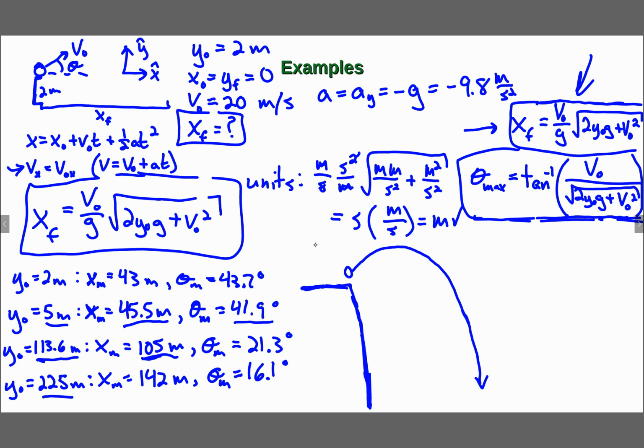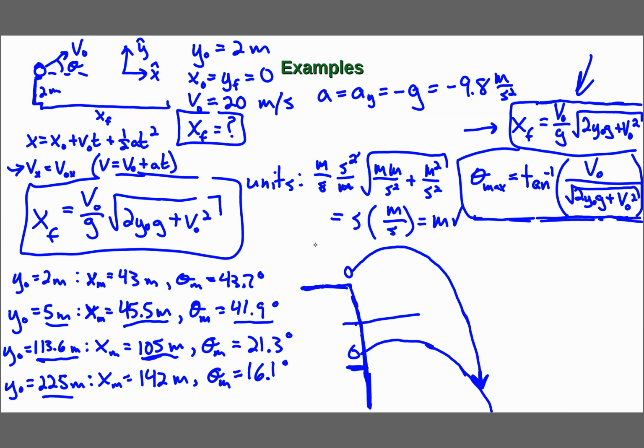And so as I go up, this has a velocity vector that's pointed more toward the ground than it did when I threw it from right here, right? And I got something that was terrible. And I got something more like this, right?